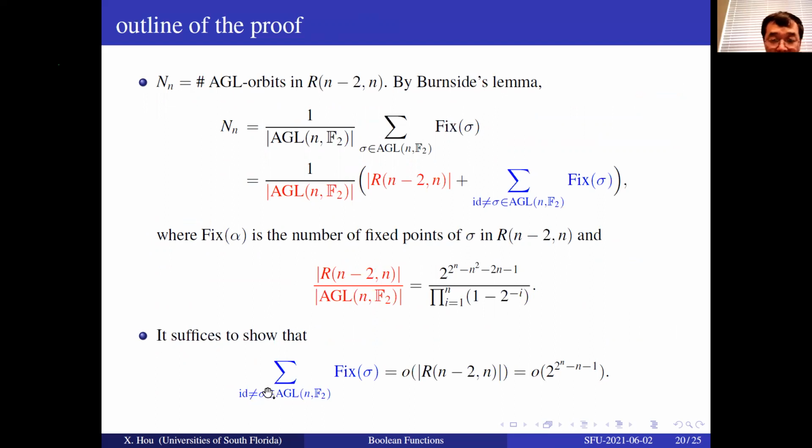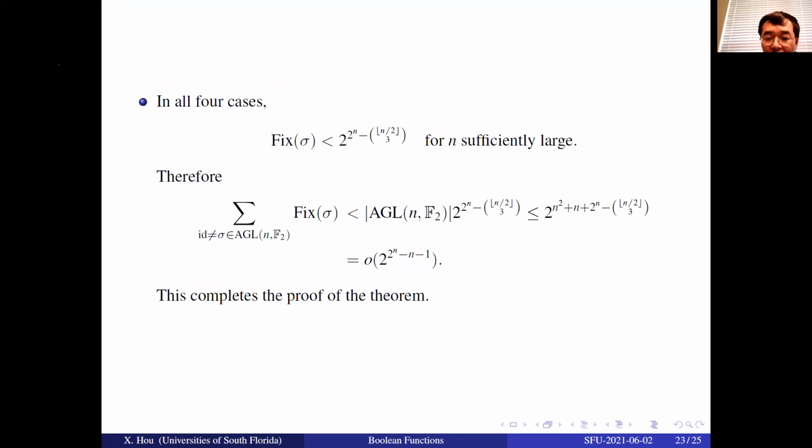We want the summation where sigma is not equal to identity to be little o of this exponential function, 2 to the power n minus 1, and we have achieved just that. So the proof of the theorem is complete.